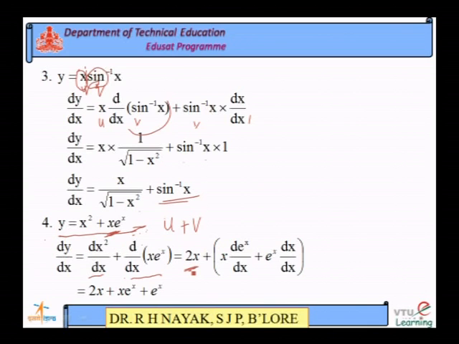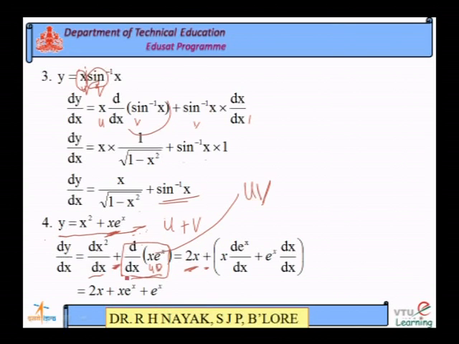Then differentiation of x e power x, here again it is considered as u into v, product rule. Take differentiation of x square as 2x, we have a plus, this is taken again u into v. Sometimes sum rule, difference rule, and product rule combine, and we have to apply according to the rule only.